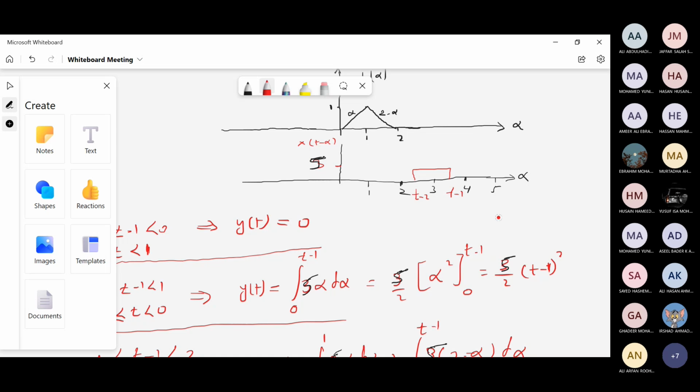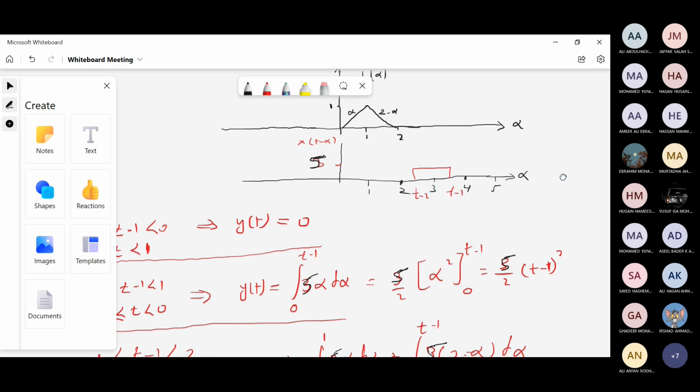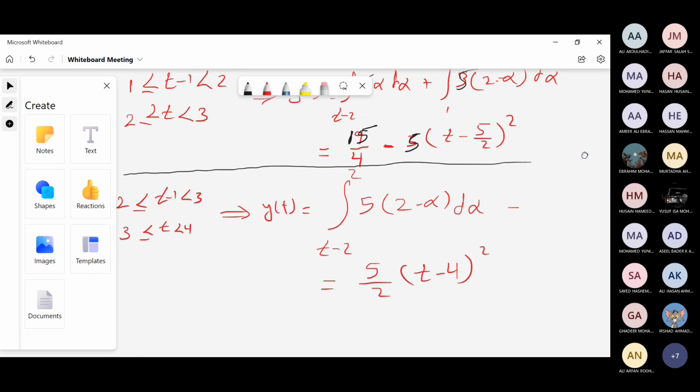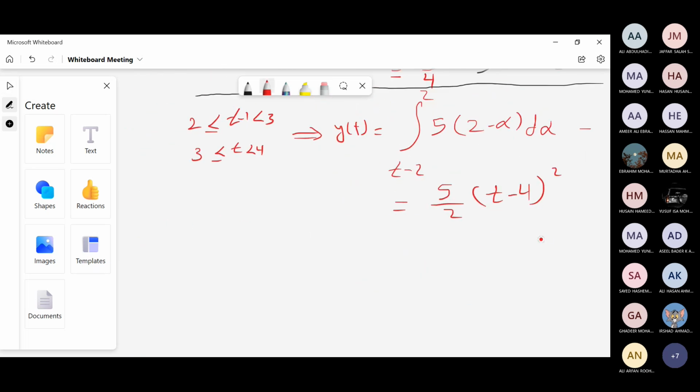Similarly here, x equal to 0 multiplied by h equal to 0. So when t minus 2 is greater than 2 or t minus 1 is greater than 3, then y of t is again equal to 0. So here again, when t minus 1 is greater than or equal to 3, which means that t is greater than or equal to 4, then y of t equal to 0.